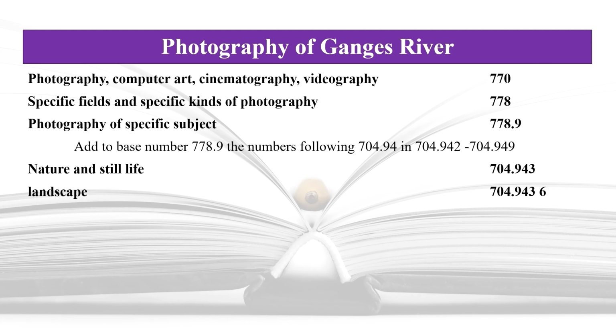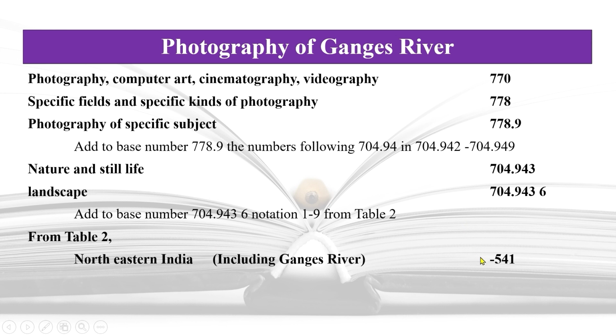There is an add notation which tells us to add to the base number 704.9436 the notation 1 to 9 from table 2. So here you get the direct add instruction, and we can bypass table 1 and go to table 2 directly. From table 2 we get northeastern India, with a scope note which includes the Ganges river. The number is 541.